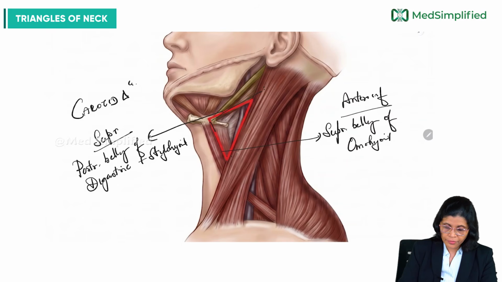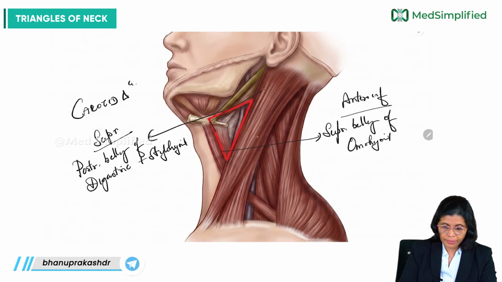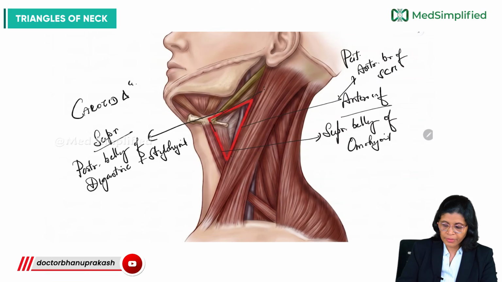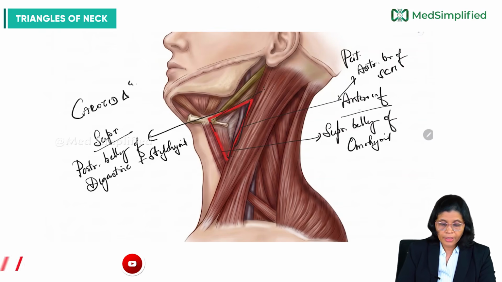And posteriorly, if you see here, it is formed by the anterior border of the sternocleidomastoid. So we will see the anterior border of sternocleidomastoid. That will be the middle third here. Okay, so this portion here.